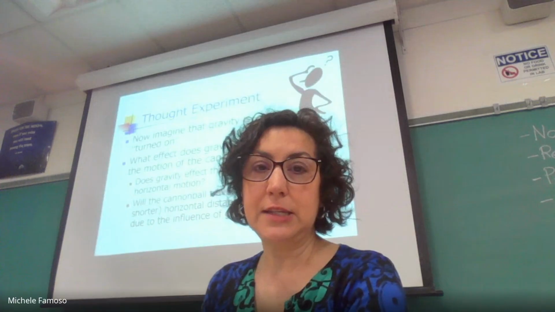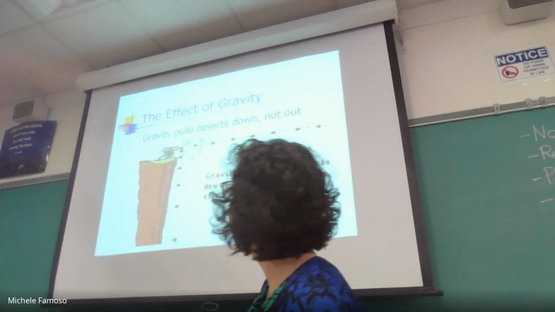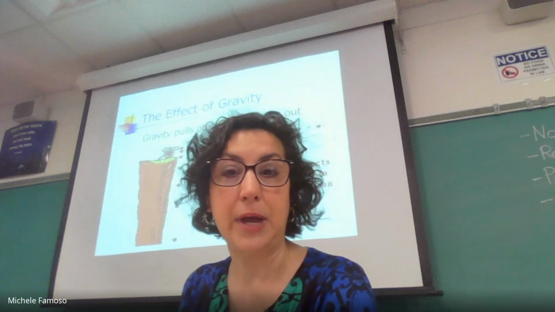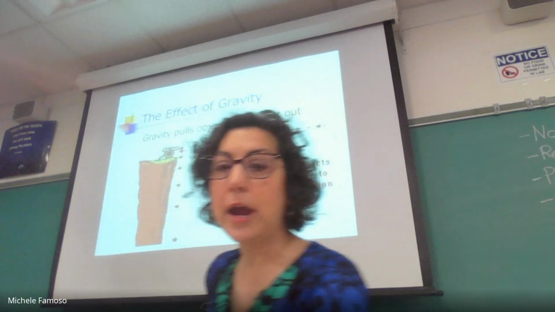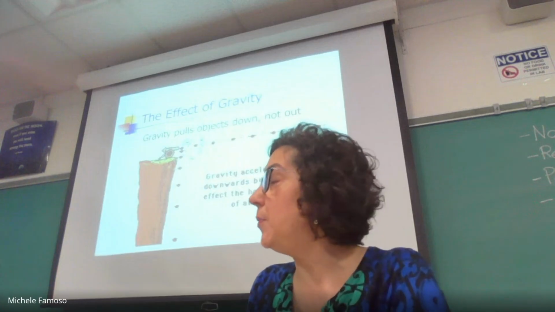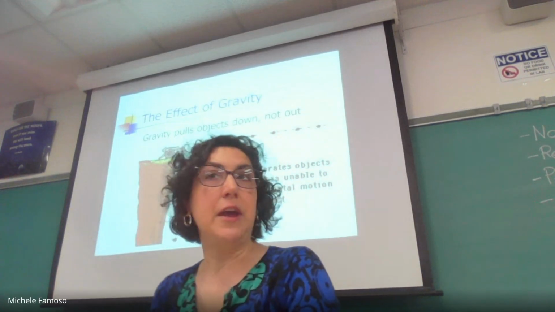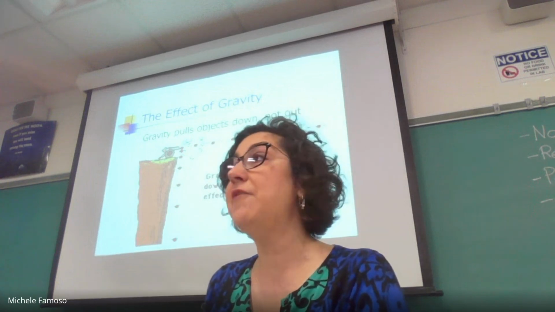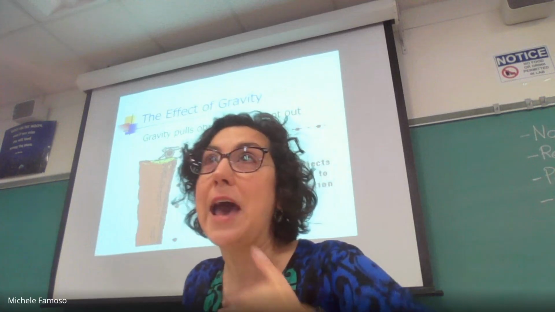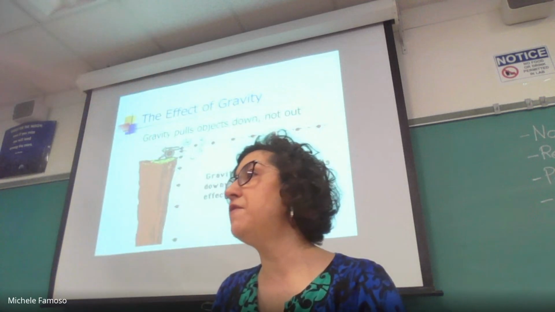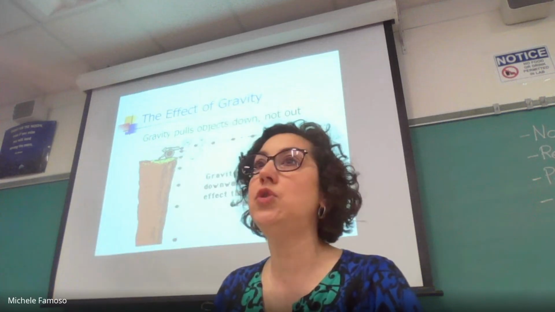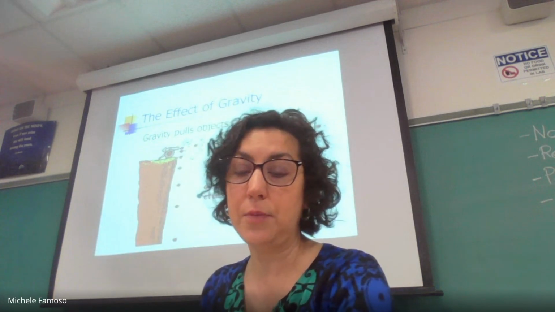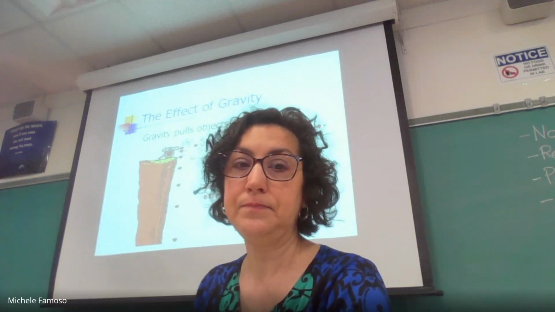Okay, so let's continue. As we just said, gravity is going to pull things down, but not out. Gravity is accelerating objects down, but it can't pull you sideways. Therefore, because gravity can't pull you sideways, it will never affect how you move outward. It can only affect how you come down to the ground, the vertical component of motion.